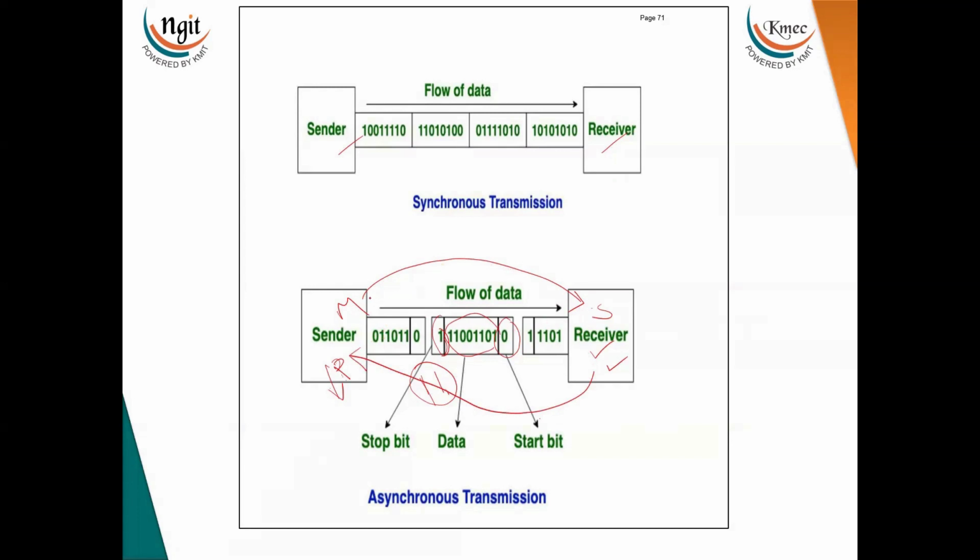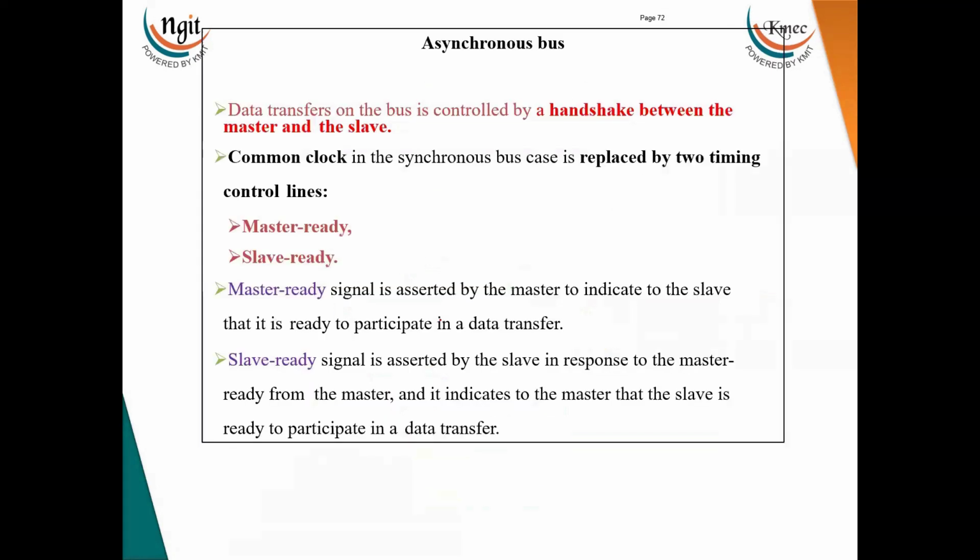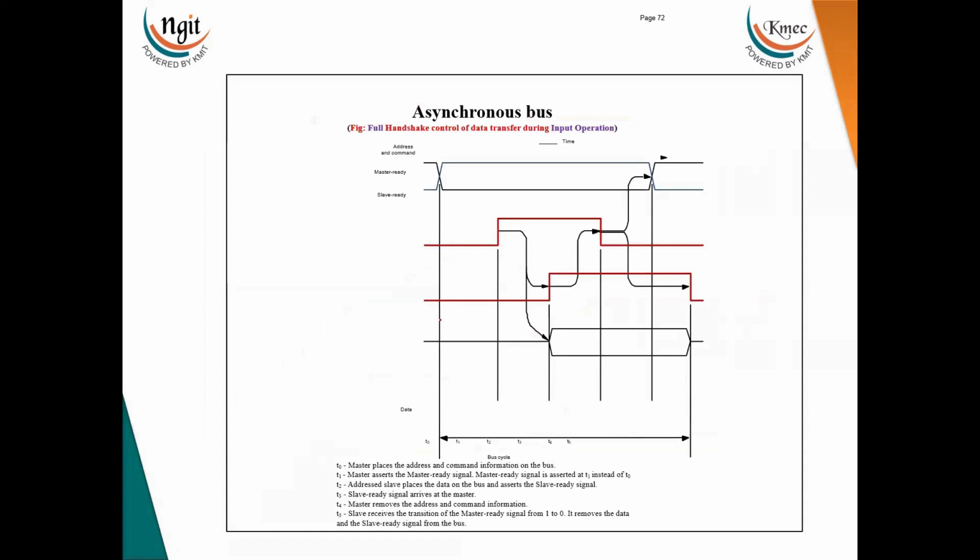So sending this master ready signal and also the slave ready signal, these two are called the handshaking signals. By sharing the handshake signal, data is transferred from master to slave or slave to master, vice versa. Now this is called the asynchronous transmission. Now in this, how the data transfer takes place, we will see.